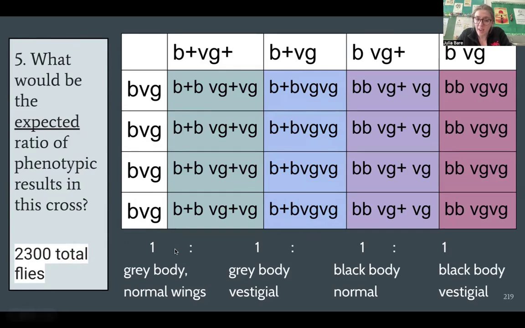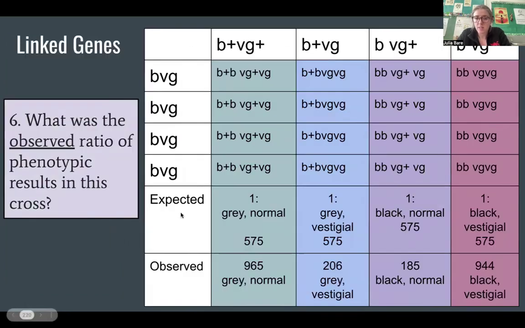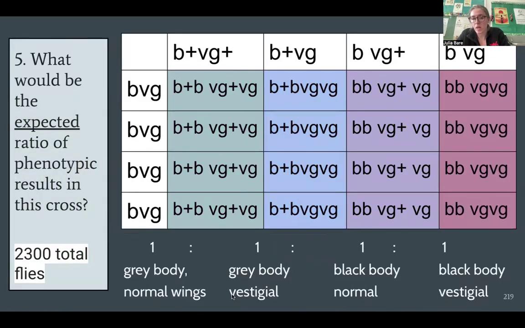So if we take that ratio and apply it to the 2,300 flies, we get 571 expected gray normal flies. So again, if you're struggling with how to do this, I really recommend going back and reviewing how to find expected results, okay? We're taking our total number of offspring and multiplying it by the ratio we would expect to see, which in this case is 4 out of 16.